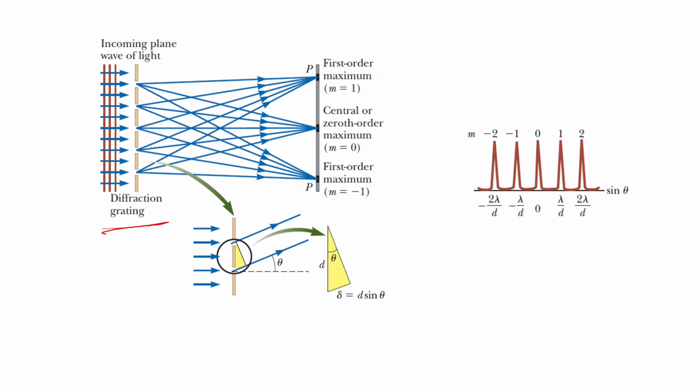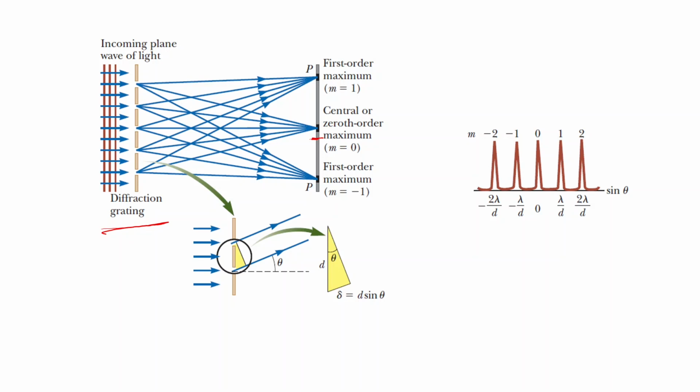So as a result of such diffraction on a system of periodic grating, we get different orders of diffraction maximum.